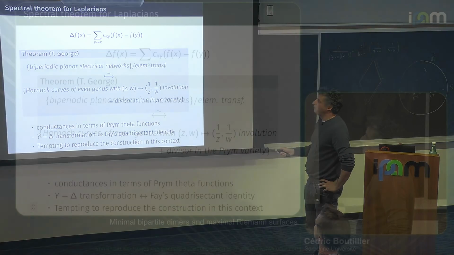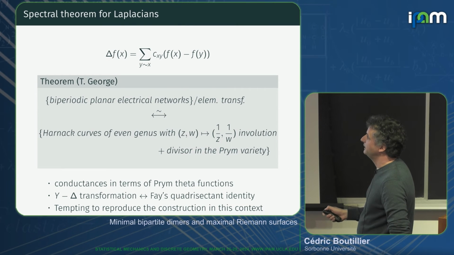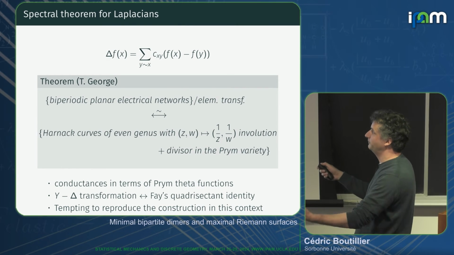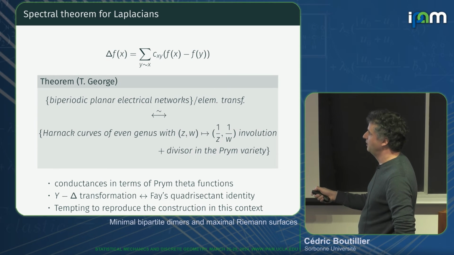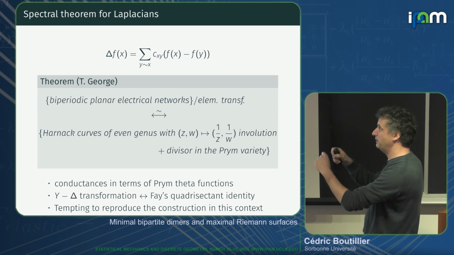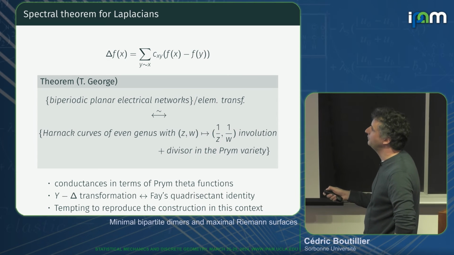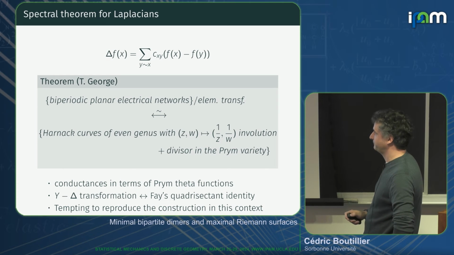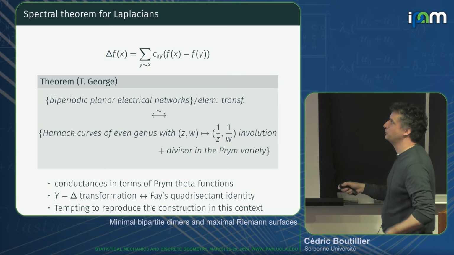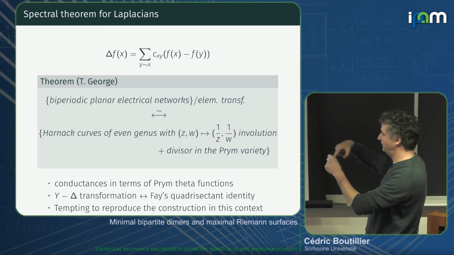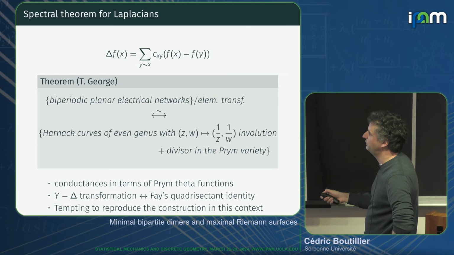So the Laplace operator is just some operator acting on functions on the vertices of my graph. So I will have positive conductances for every edge on my graph, and the Laplace is just the weighted sum of the increments of my function around all edges at a given vertex.